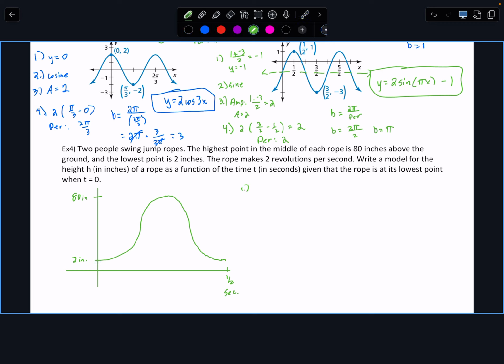So we have our steps. First of all, the midline is your max plus your min, and all of that's over 2. And that's 41, and that's how much it's been shifted up. Second of all, it's going to be cosine because it's starting on the y-axis at the minimum, and there's no phase shift.